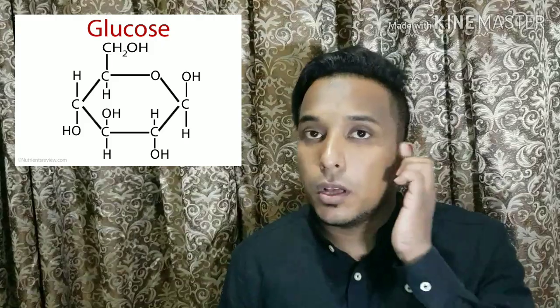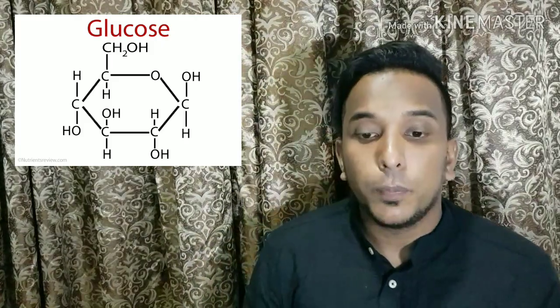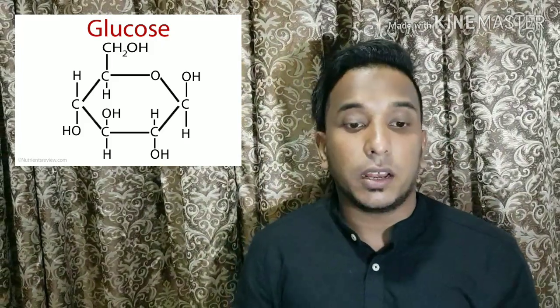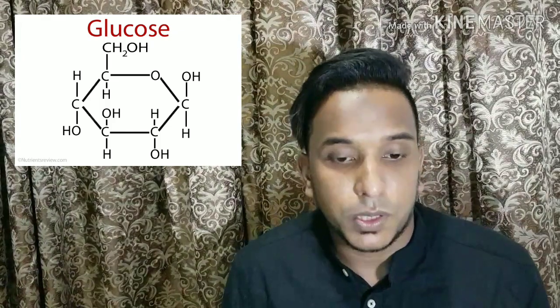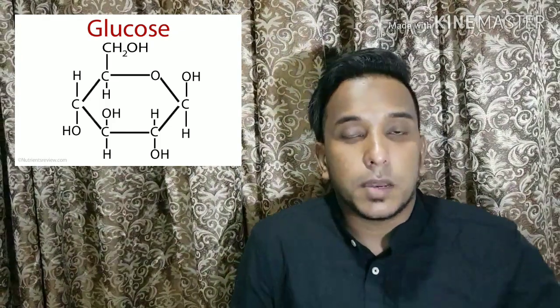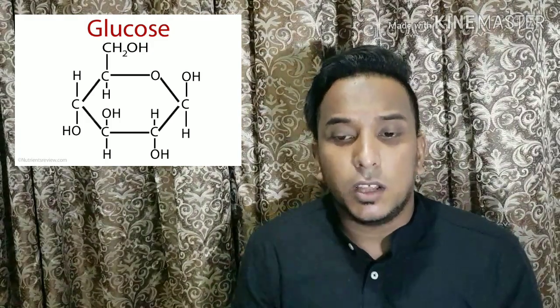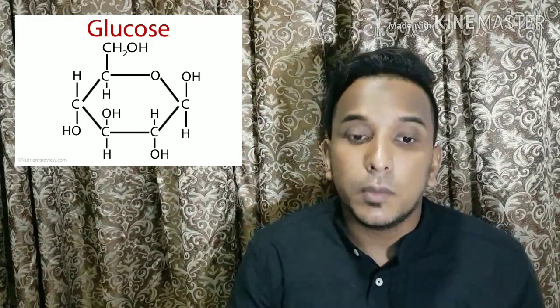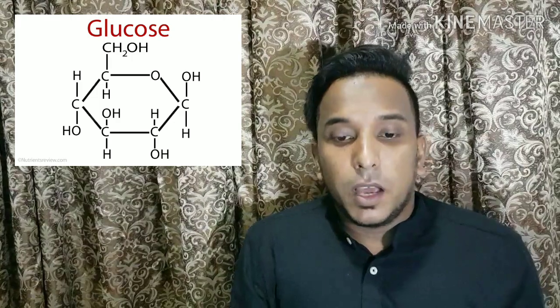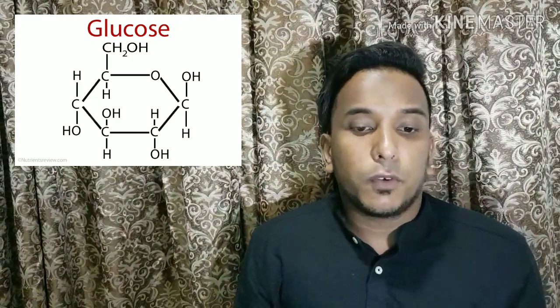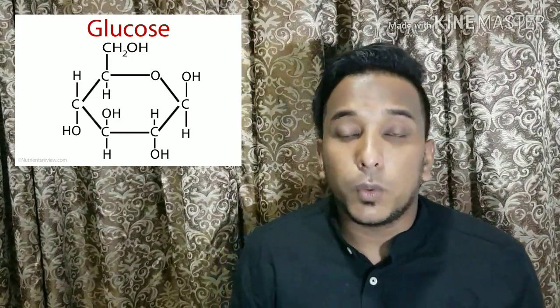The structural unit of cellulose, starch and glycogen is glucose. As I told you, the backbone, the main substance that forms cellulose, starch and glycogen, is glucose. But their properties are different according to the number of glucose molecules and how they are bound with each other.